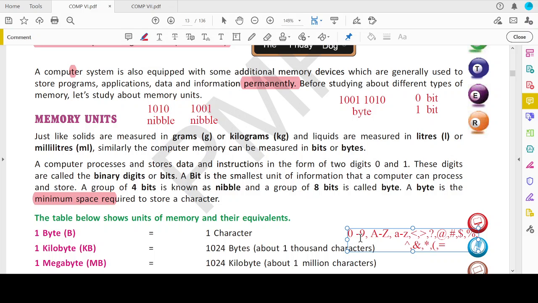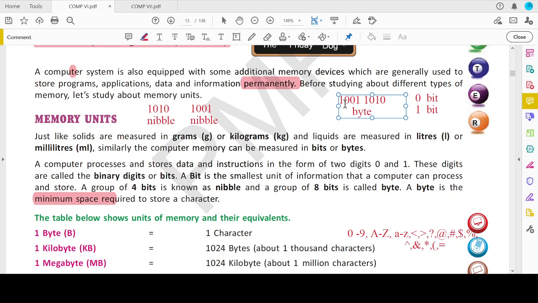You can see the numbers and use different symbols. All these are characters, and for storing each character you need a byte. A byte is the minimum space required to store a character. So when you write a single character, you are using 1 byte of memory.